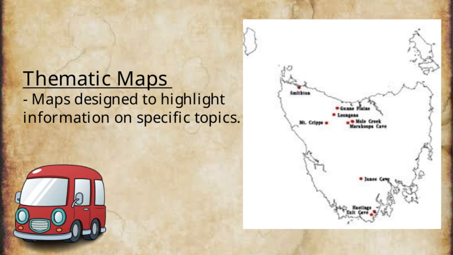In the context of our overall presentation, thematic maps are crucial because they allow us to visualize data in a way that supports decision-making and deeper understanding. They turn raw data into visual stories, helping us connect the dots more effectively. So, when you think about thematic maps, remember that their main goal is to emphasize what's most relevant to the topic at hand, making information clearer and more engaging.